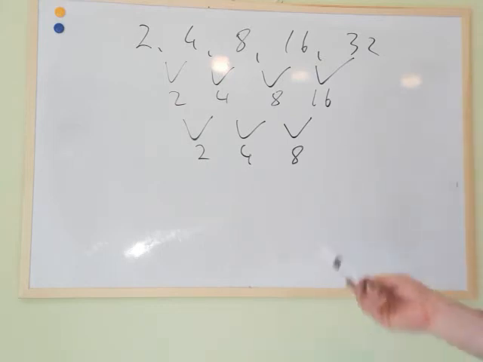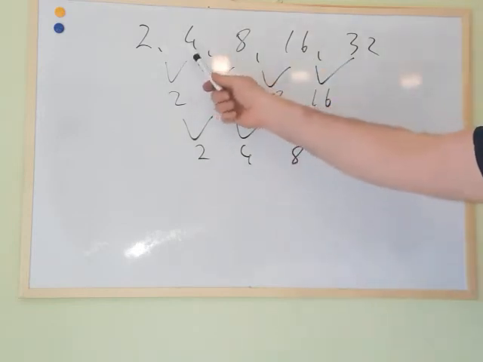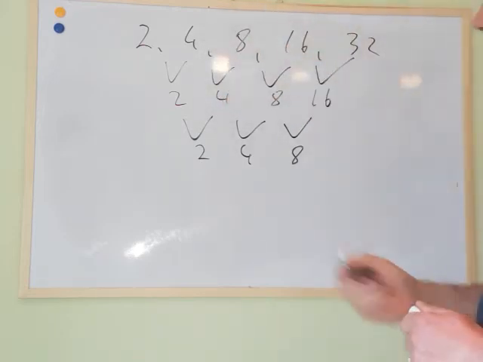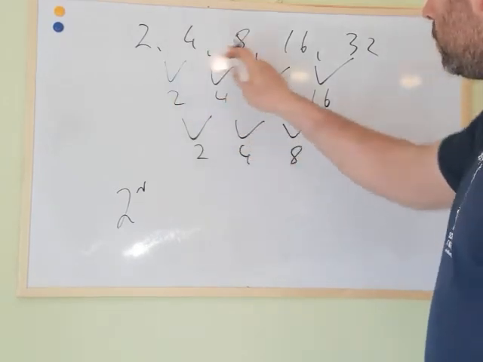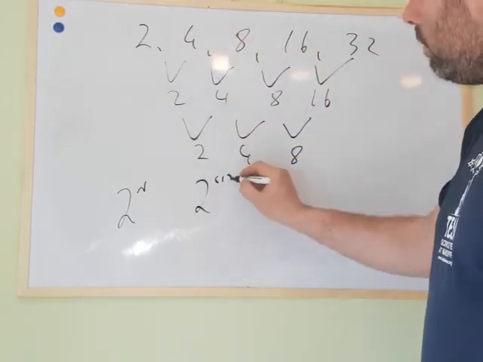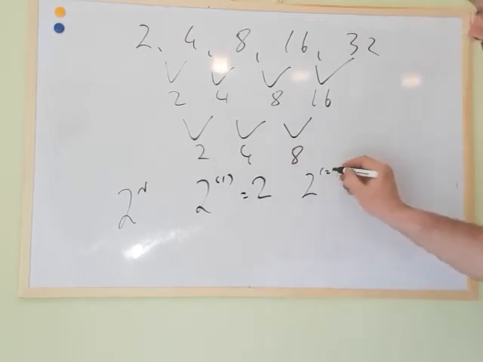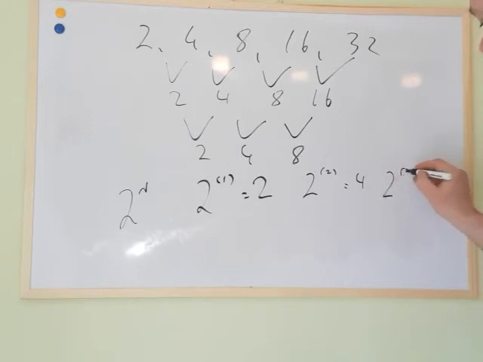But what type of pattern is it? Okay? Hopefully someone has realized that this is being doubled effectively each time. Or it's 2 to the power of n. So if we go through our terms, 2 to the power of 1 is 2. 2 to the power of 2, our second term, is 4. 2 to the power of 3, our third term, is 8, and so on and so forth.